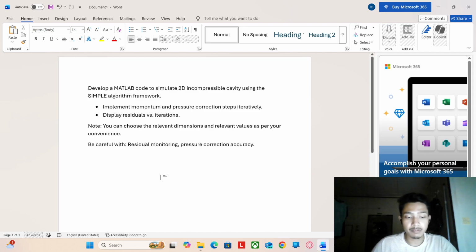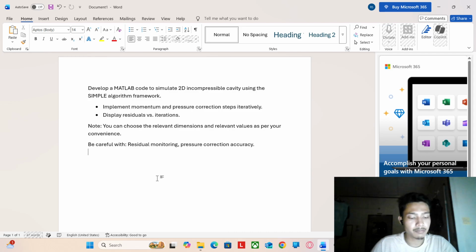For incompressible flow, the continuity equation is del u by del x plus del v by del y equal to 0. This equation ensures conservation of mass. The x momentum equation is del u by del t plus u del u by del x plus v del u by del y equal to minus 1 by rho del p by del x plus nu bracket del square u by del x square plus del square u by del y square bracket close.